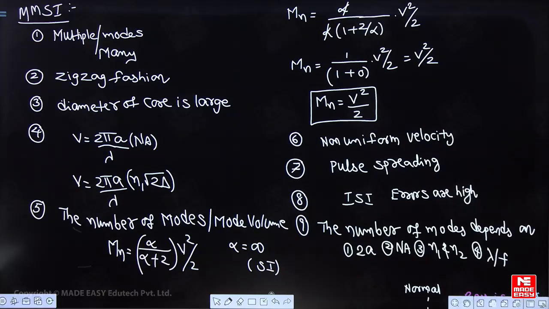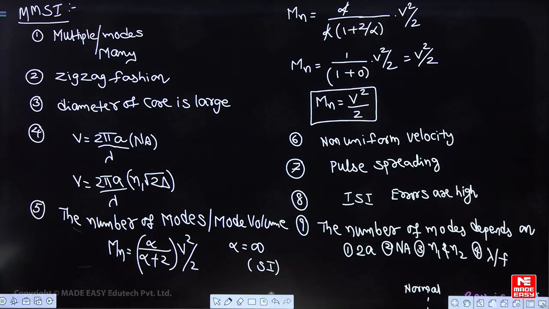In multi-mode propagation, there are many higher order modes possible, and light rays propagate down the cable in a zigzag fashion.